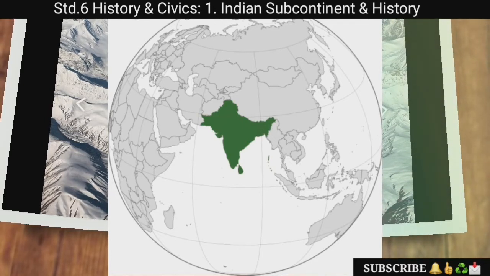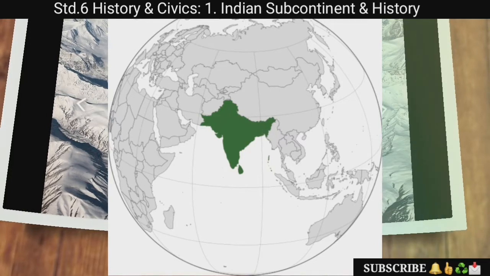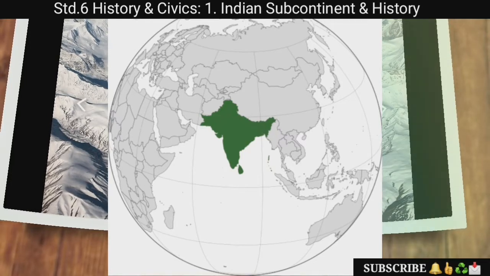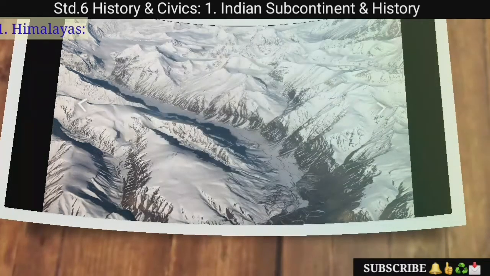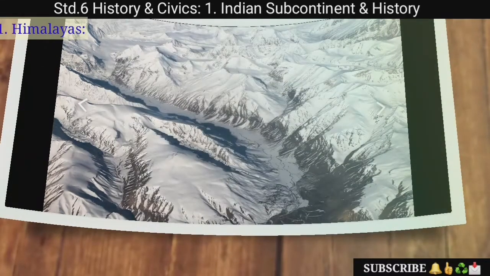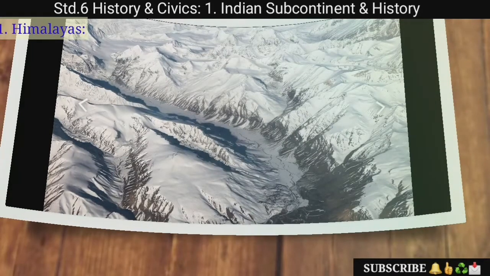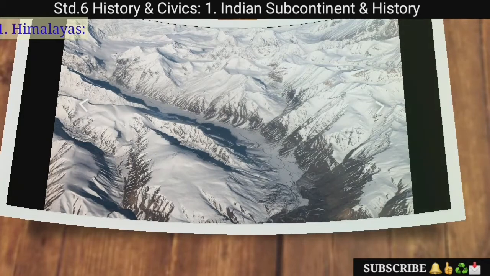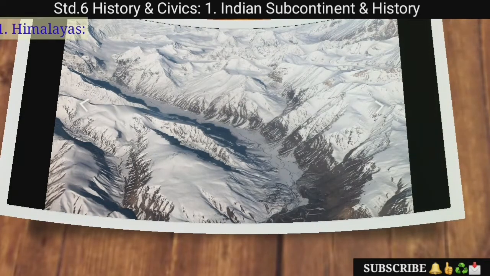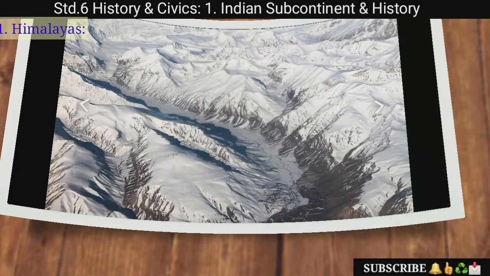Okay, students, are you ready? Very good. So, first of all, we shall study the Himalayas. Himalaya is a Sanskrit word. Hima or him means snow and alai means temple or dwelling.